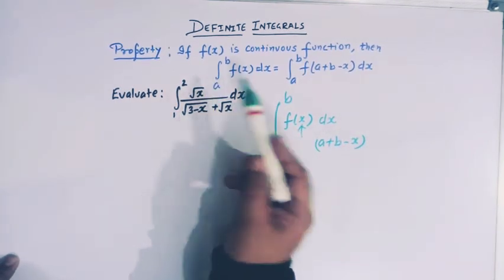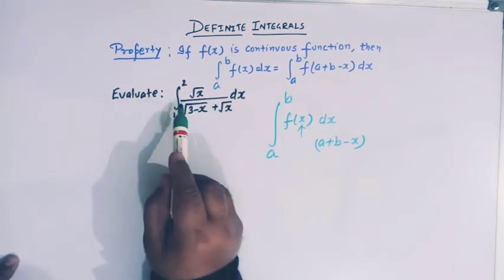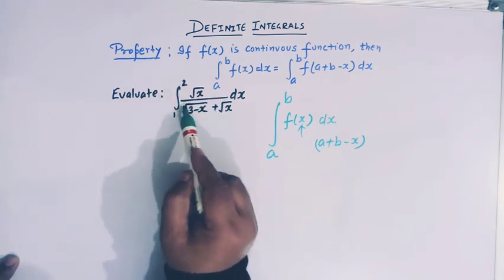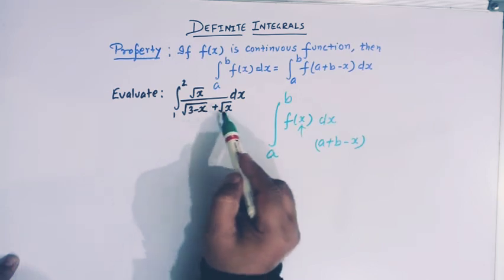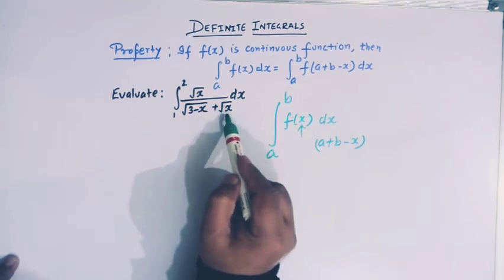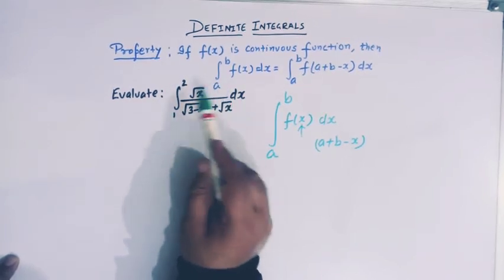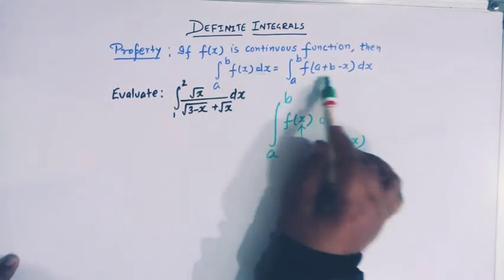Here we have the integral from 1 to 2 of square root of x divided by square root of 3 minus x plus square root of x. Let us integrate this function using this property.